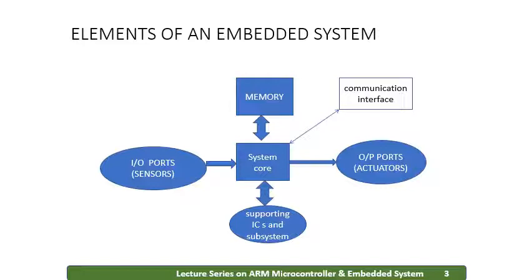Data is either stored in the memory or it will be represented. Then the system core uses a supporting IC or a subsystem to generate an output. Output in the sense that it will be a control or an action performed on an actuator. The system core always communicates using a communication interface, and using the communication interface the data will be shared in the system.